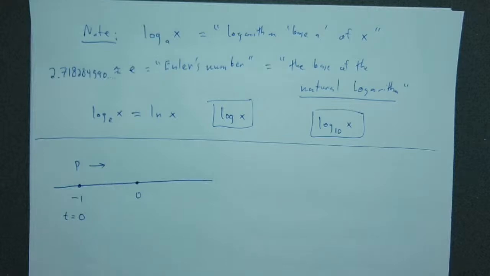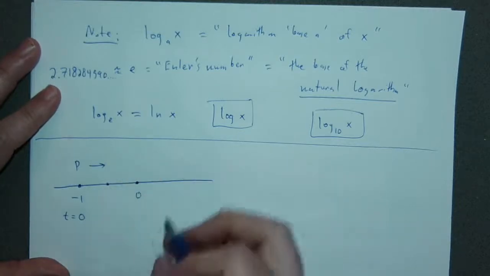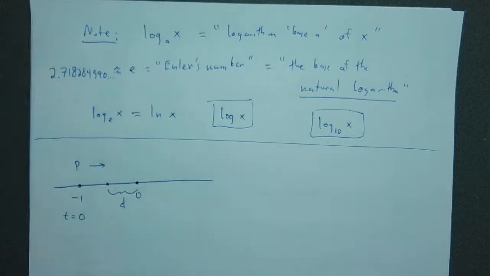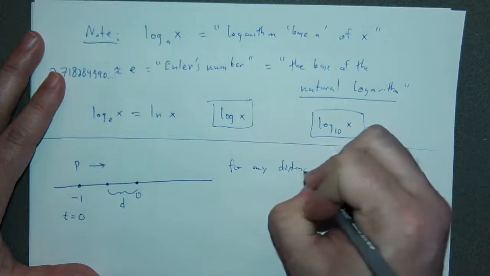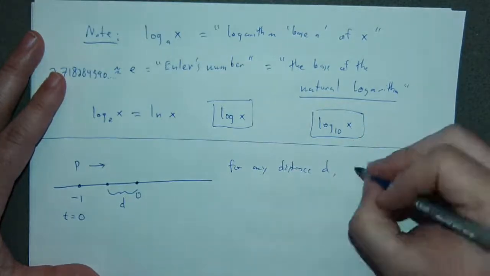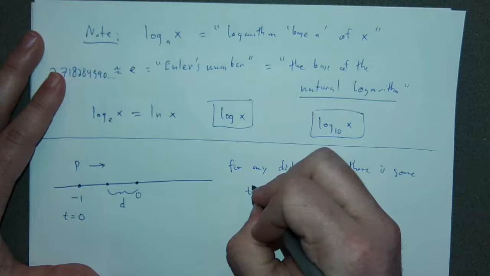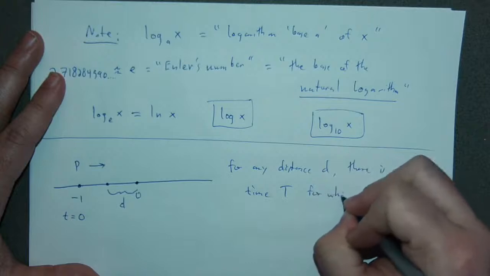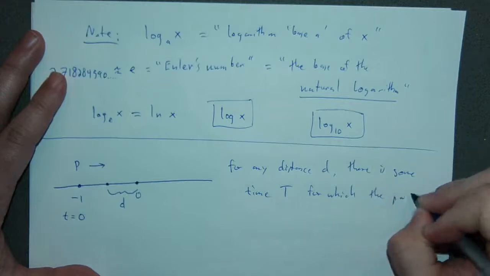Now, the idea is that for any distance d, so I specify a distance d, there is some time, I think last time I called it big T, for which the particle is that distance from the origin.